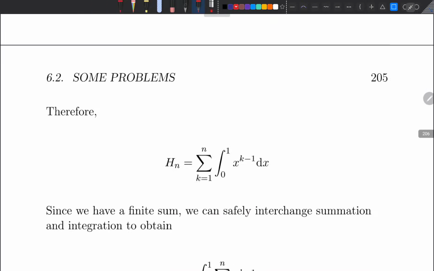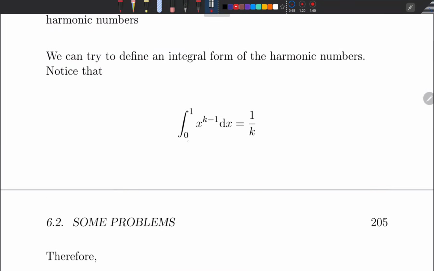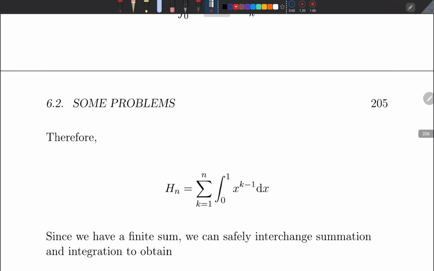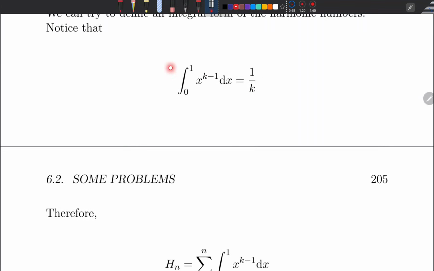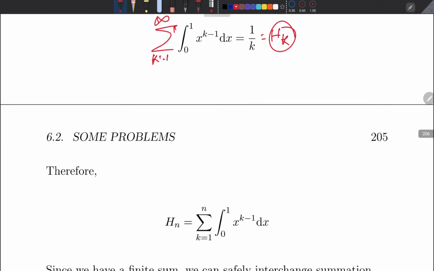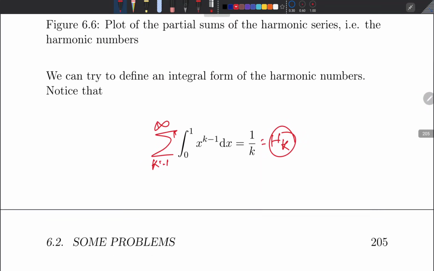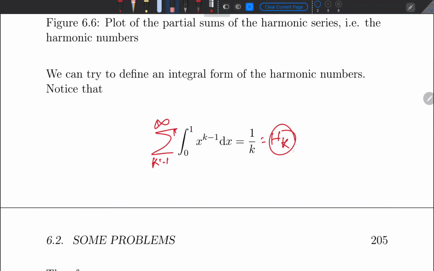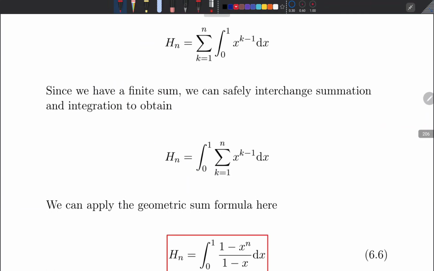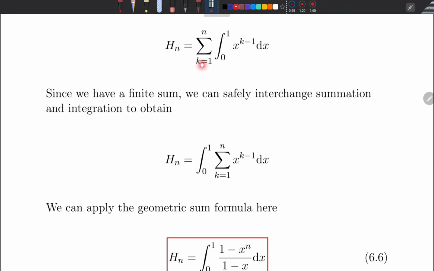What you have to do is consider this integral, and now you just have to take the sum on both sides. So basically taking the sum as k goes from 1 to infinity, and that's going to be giving us h sub k. I think it's not h sub k, but it's just h sub n.